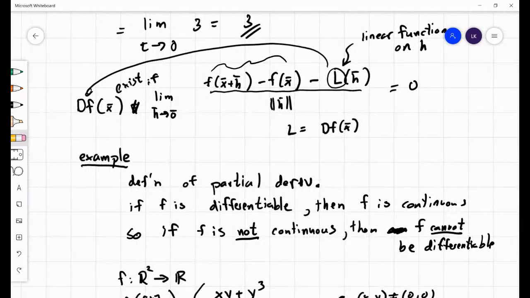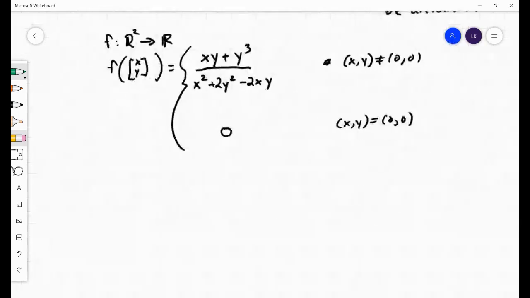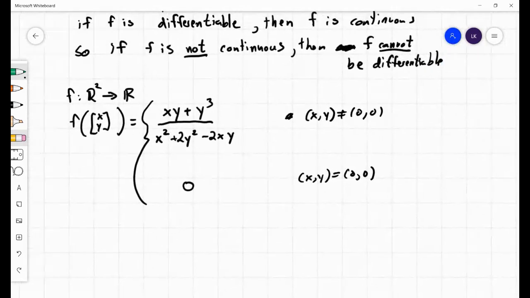So my bad, this is not equality. I meant to say that the derivative of the function exists at a point if this limit exists, and this linear function will turn out to be the derivative. Sorry about that.